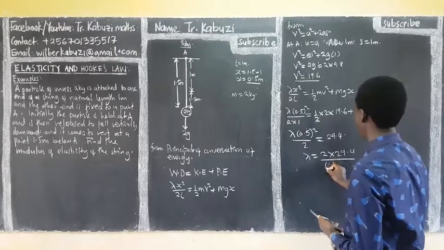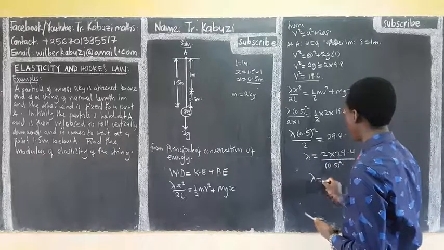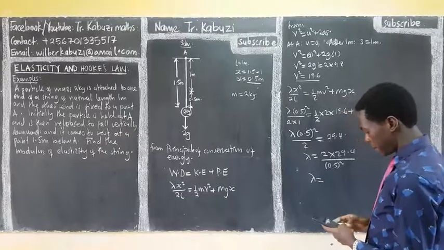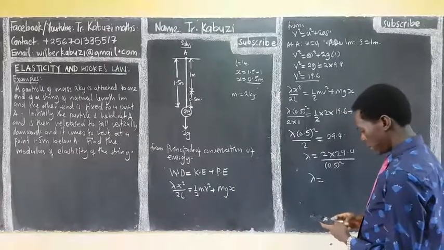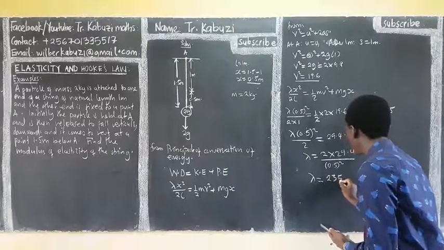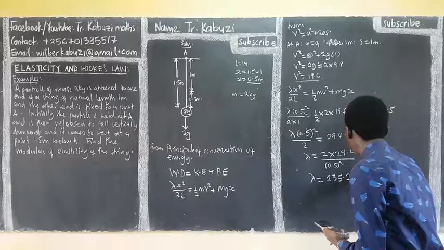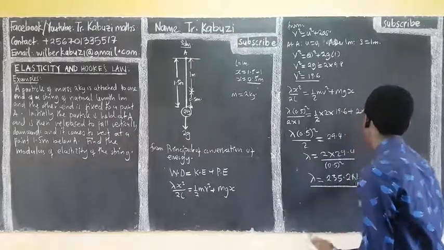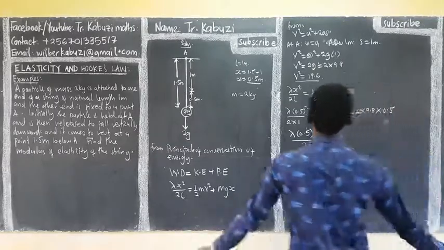Now I'll divide by 0.5 squared and multiply by 2. So my lambda here is going to be 235.2 newtons. And that would be the case with ease, without any hassle.